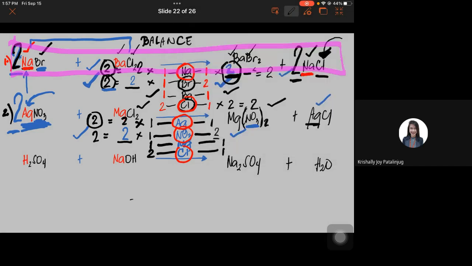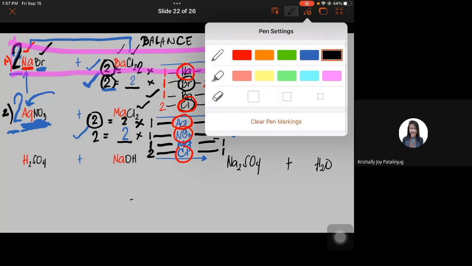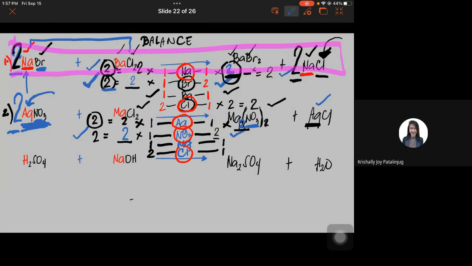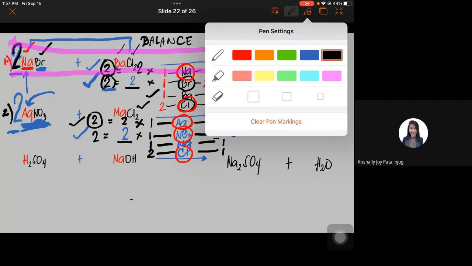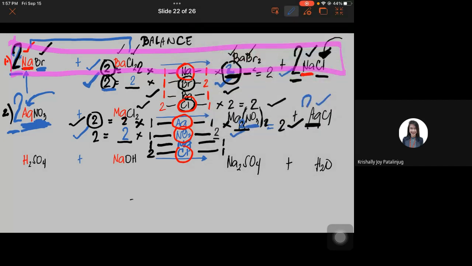Look at the product side. Silver is only 1. So you have to multiply by 2. Let me change the color. Ayan, multiply 2 to make it also equivalent to 2. So this time, you have now equal numbers of silver atoms at both sides. So you write here 2.